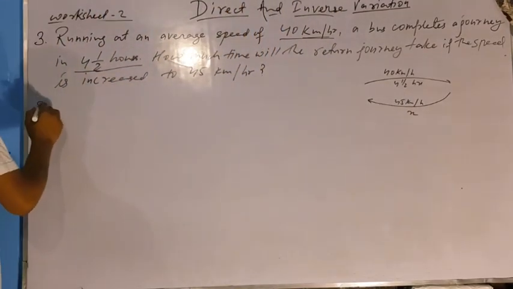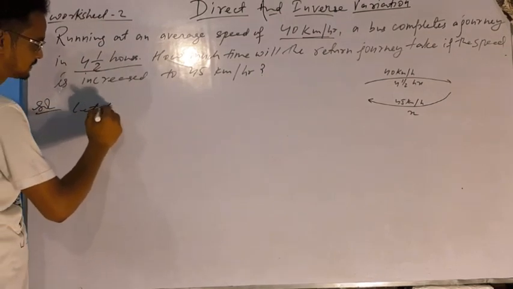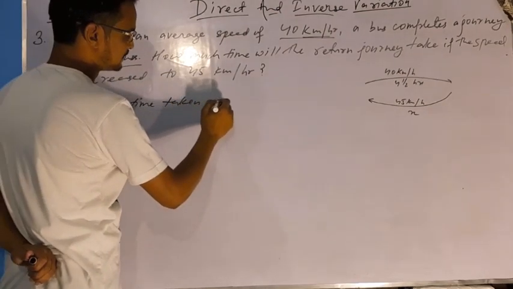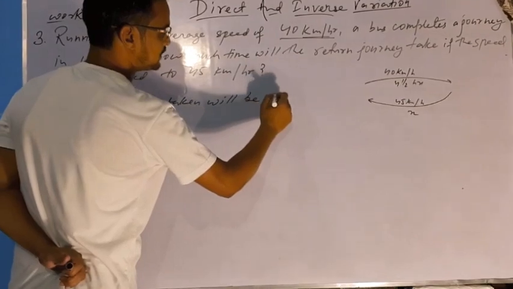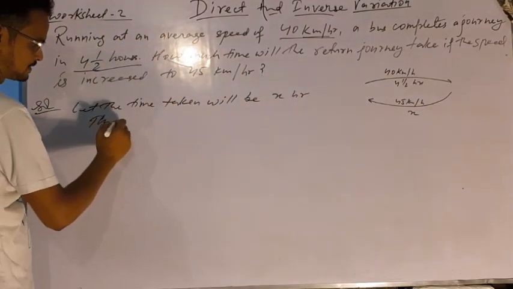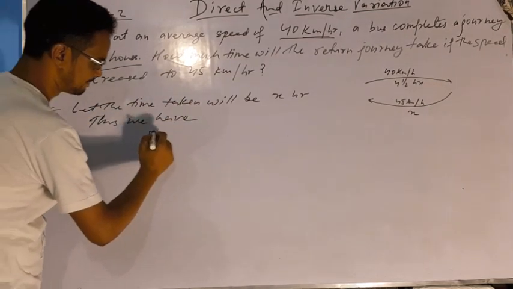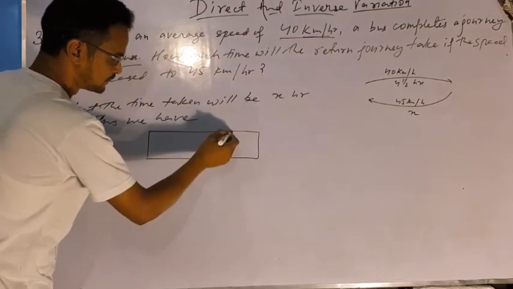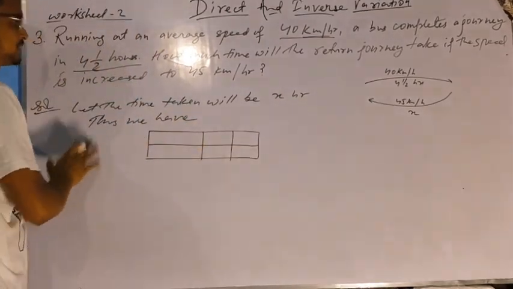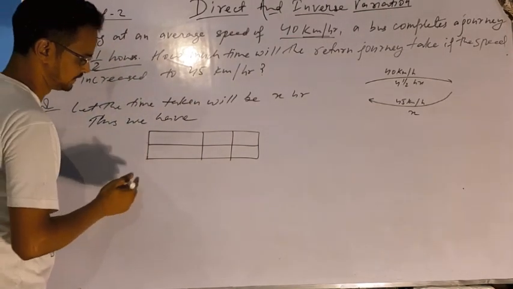So we can write in the solution part, let the time taken be x hours. Now we form our table. The formation of this table is just to summarize the question and to understand the question very well.